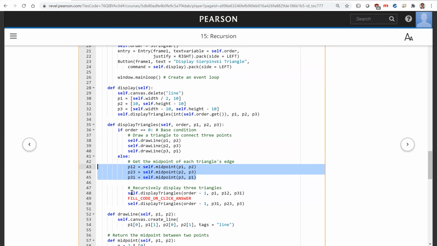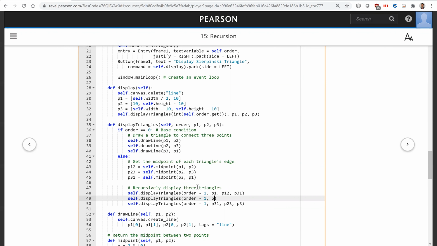The order is reduced here. With order minus 1, the first triangle is P1, P1-2, P3-1, so this will be self.displayTriangle with order minus 1.